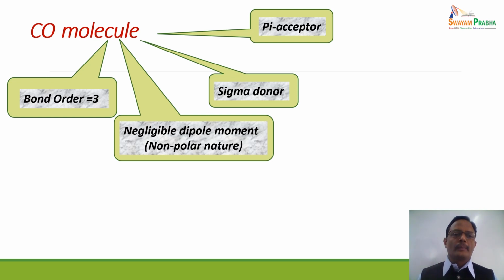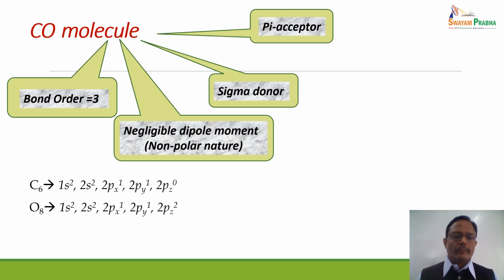So these are the 4 important properties of carbonyl molecule or carbon monoxide molecule, and any theory should be able to explain these. Now the electronic configuration of carbon and oxygen can be shown as this. So carbon has 2 unpaired electrons in the second shell, while oxygen also has 2 unpaired electrons in the second shell.